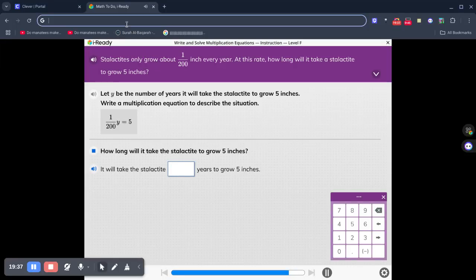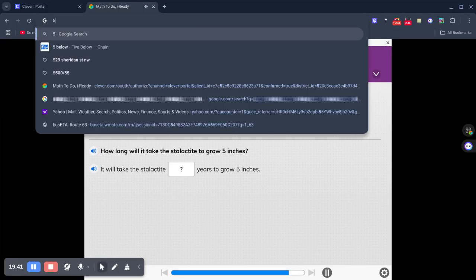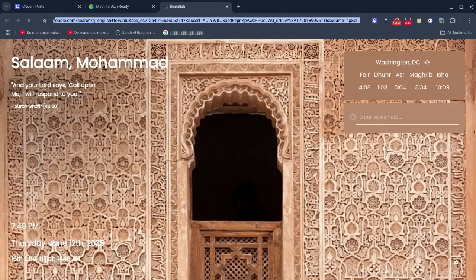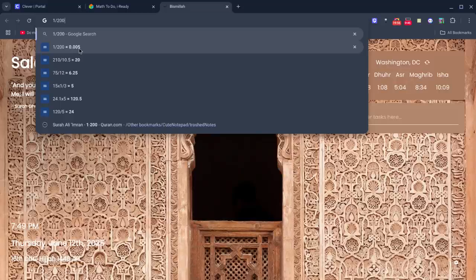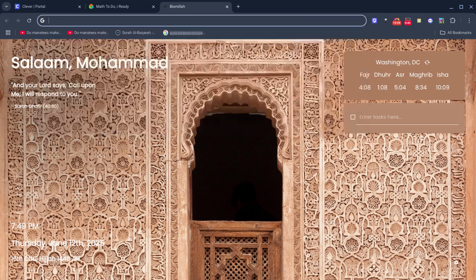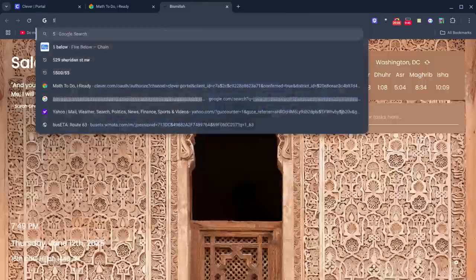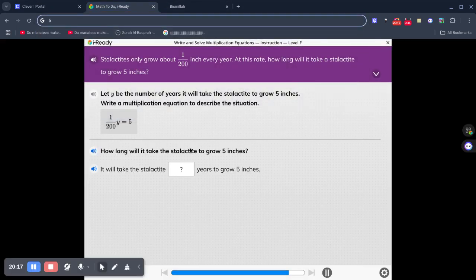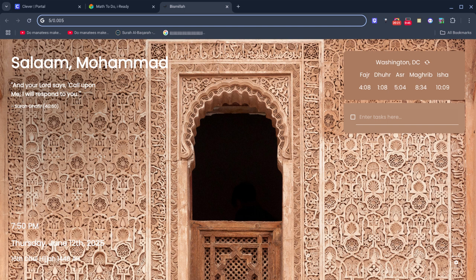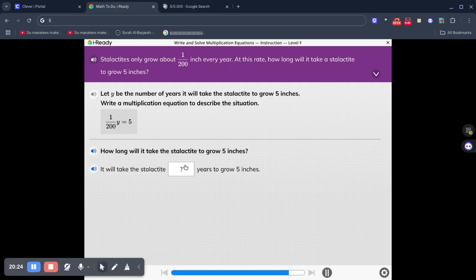How long will it take the stalactite to grow 5 inches? Nice work.